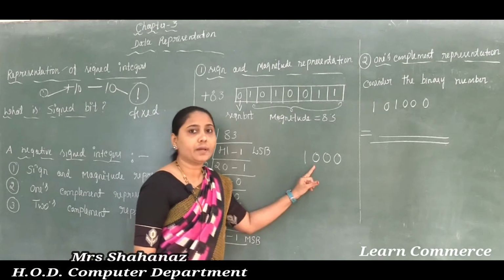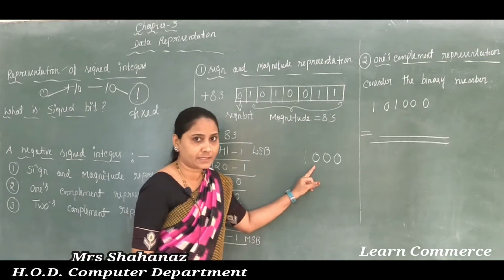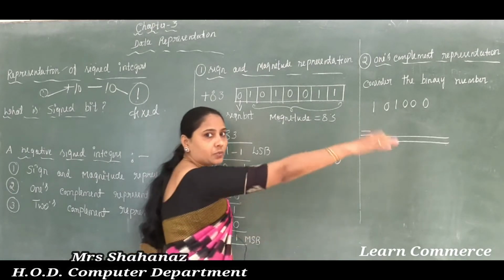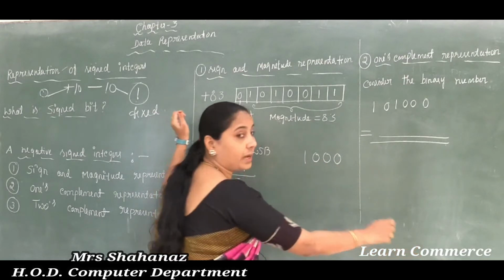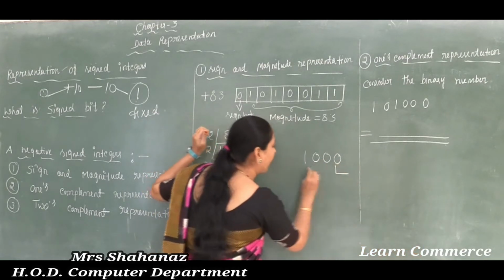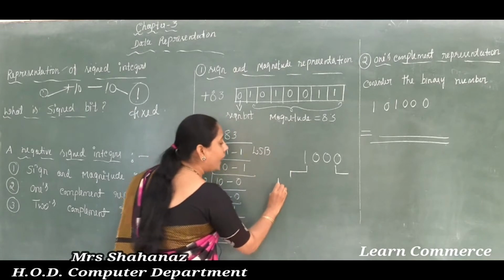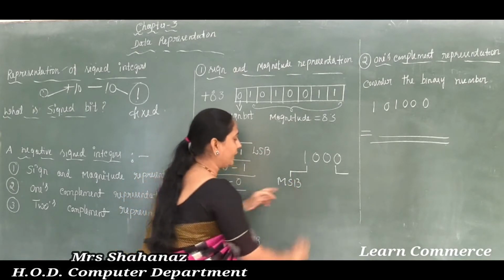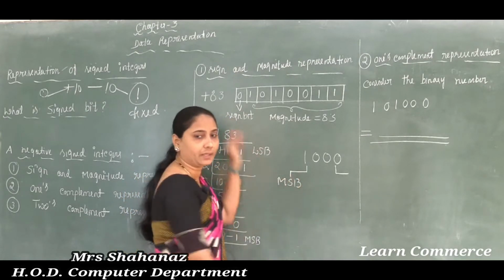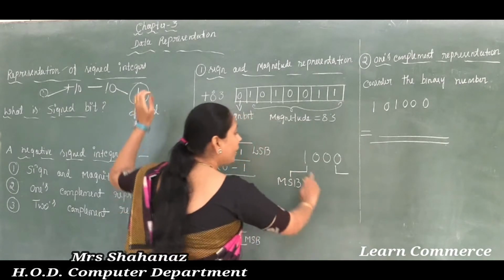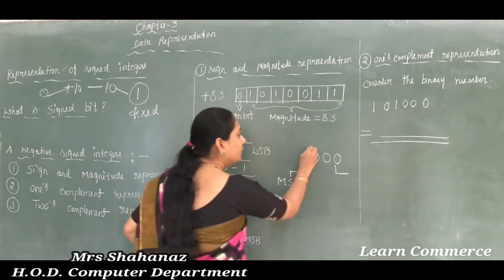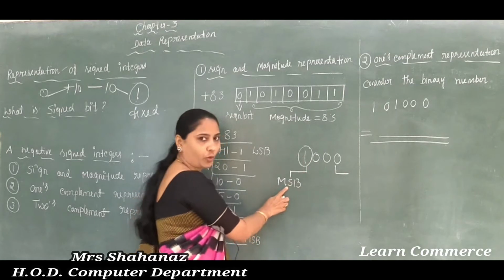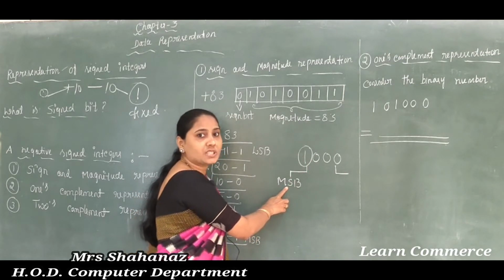The binary number 1000. In this case, this one is the right hand and this one is our left hand, so this is called our MSB. So the leftmost bit, the value 1, is the MSB, the most significant bit.